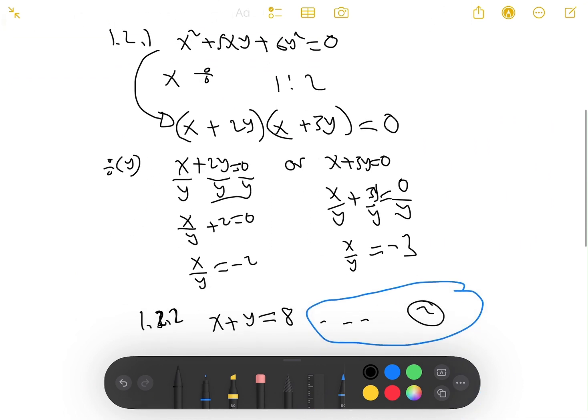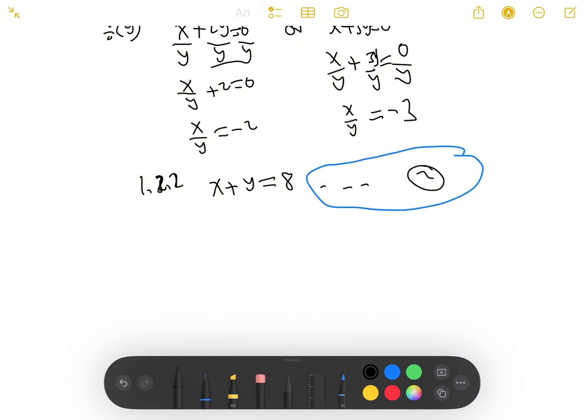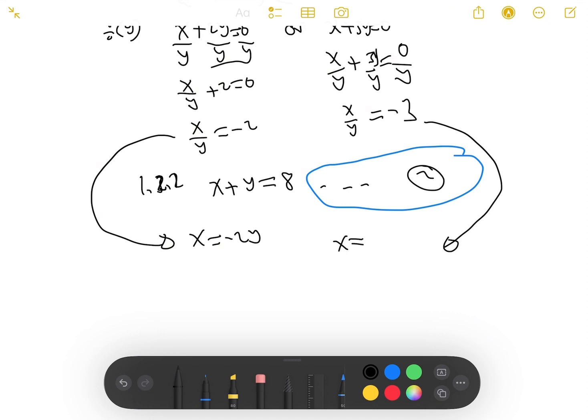So we're going to use what we found at the top to solve this one. We know from this one that x is equal to negative 2y, right? You agree? And from this one we know that x is equal to negative 3y.